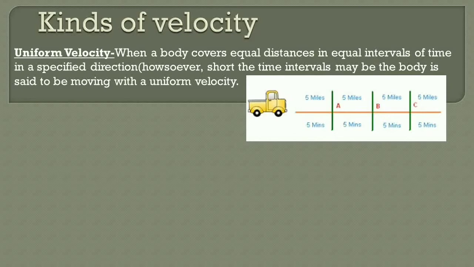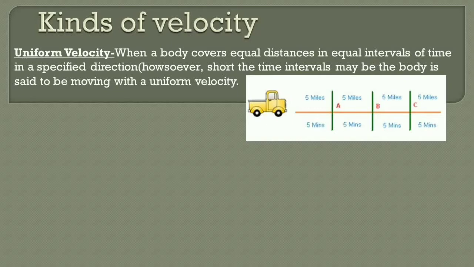That means the truck is covering equal distance in equal interval of time in a straight line and moving in a particular direction. So in this way we can see that the truck is having the uniform velocity.